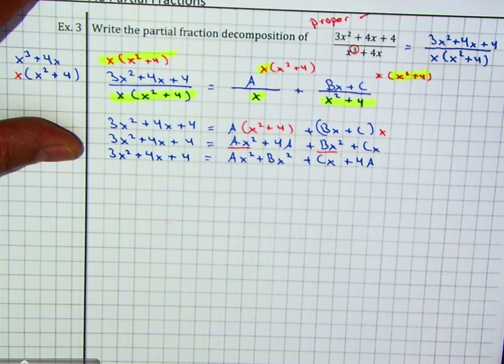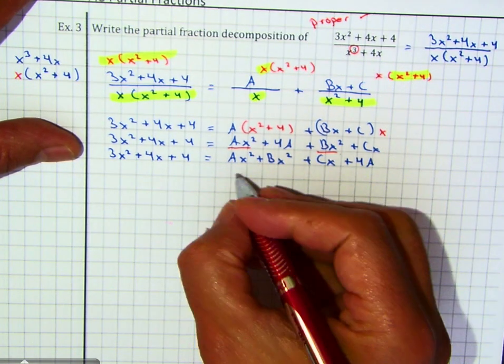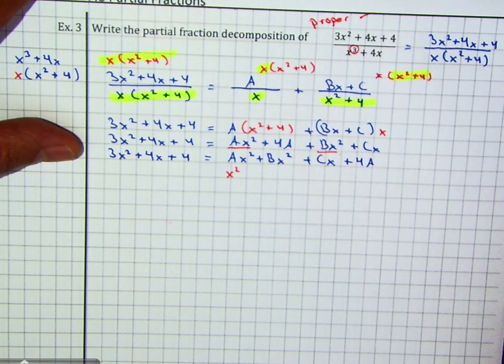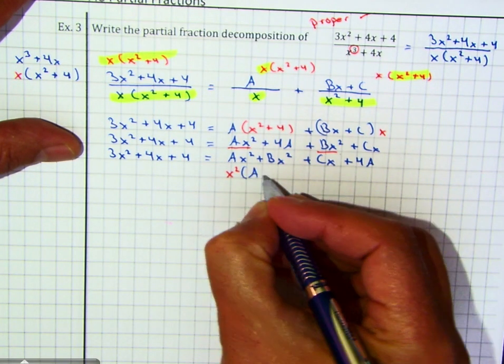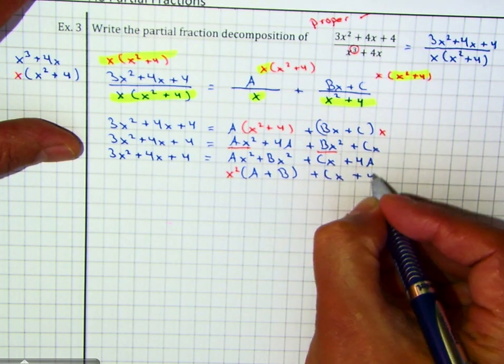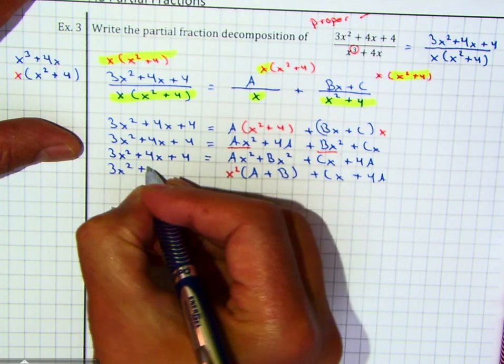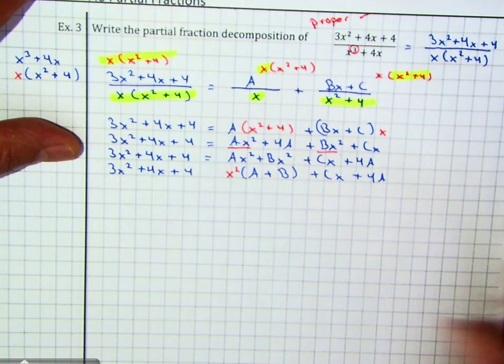And now, I want to be able to factor my x squared from here. Some of you guys will start doing it in fewer steps. Just be careful. I'm actually just writing every single step right now.